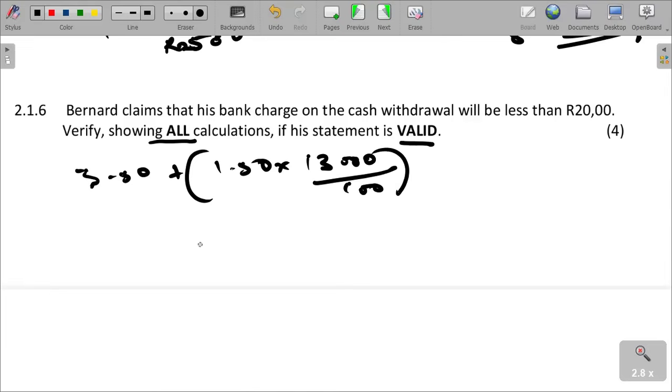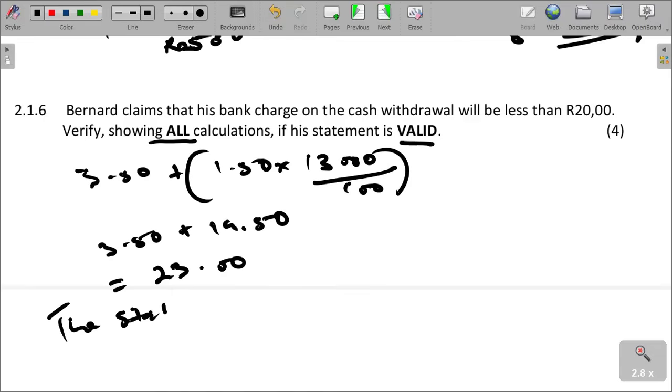And then we get 3 rand 50 plus 19 rand 50, which gives us 23 rand. So according to that, Bernard's statement is not valid. The statement is invalid.